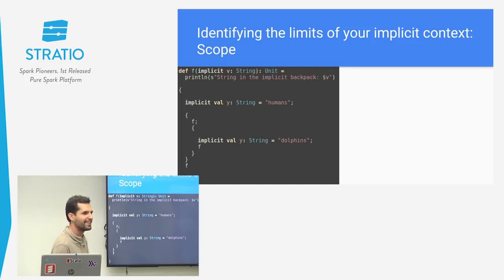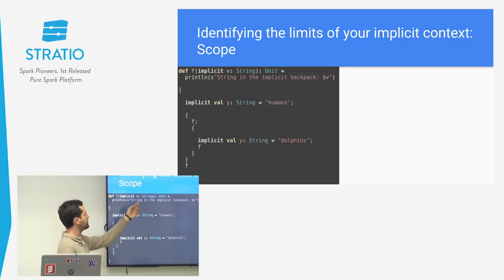No, it won't fail, but that's a good try. It won't fail because it's an implicit parameter, and the scope of the call to f is the same scope as this one. It's just a leveling.